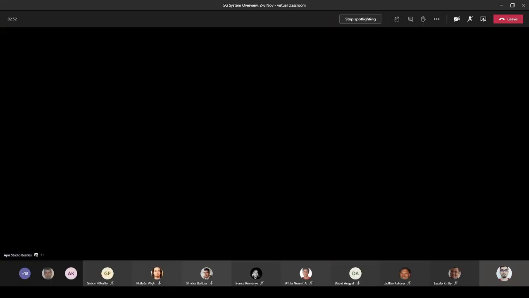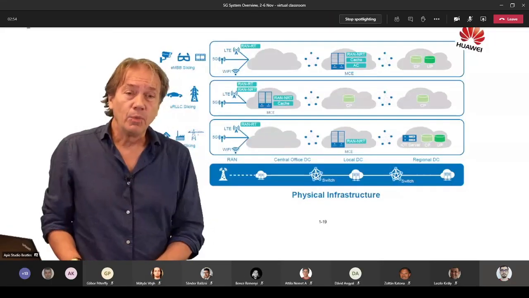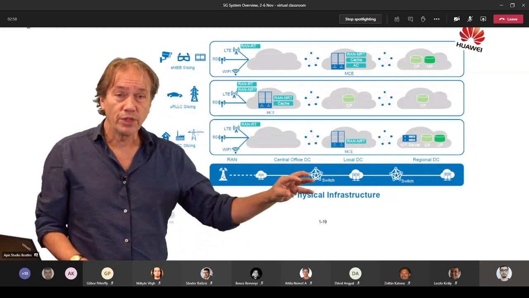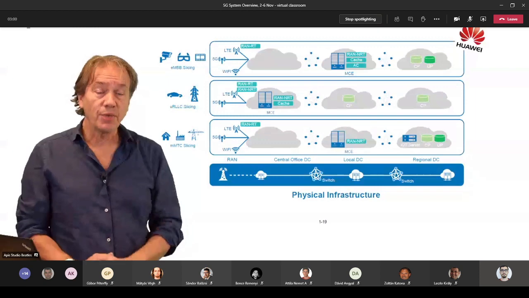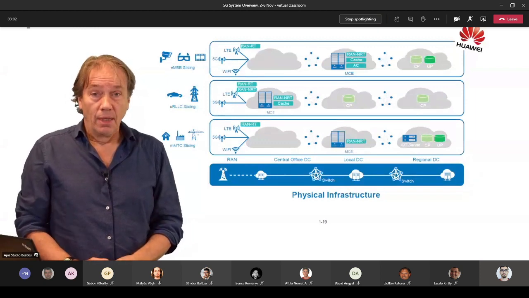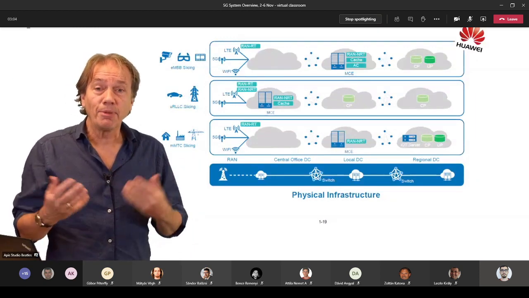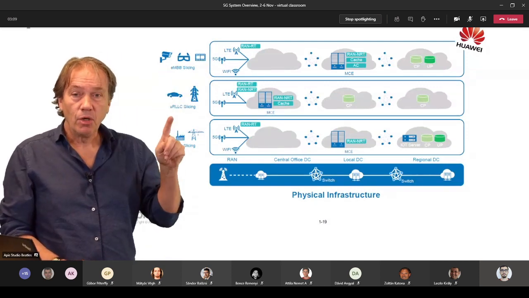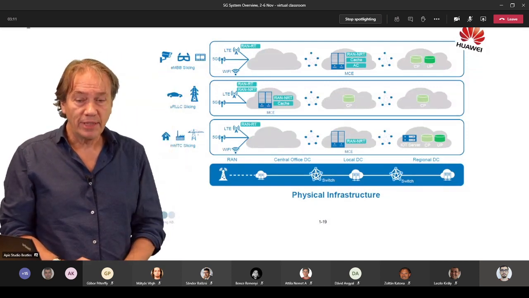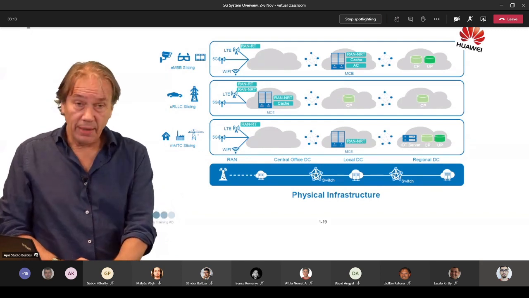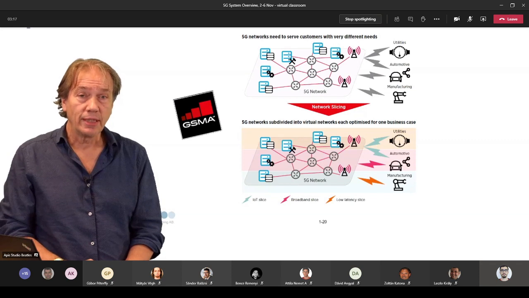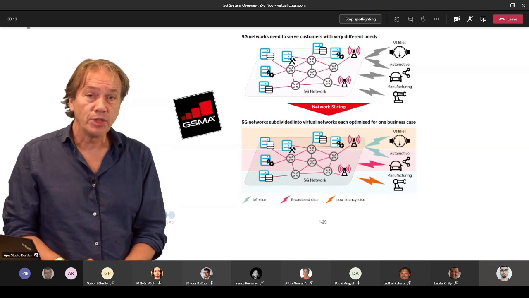And the idea with network slicing is that we somehow logically divide the physical resources into, in this case, 3 network slices. That just happens to correspond with the 3 main use cases, eMBB, URLLC, and mMTC. And I think I also showed you this network slicing picture from the GSM Association.